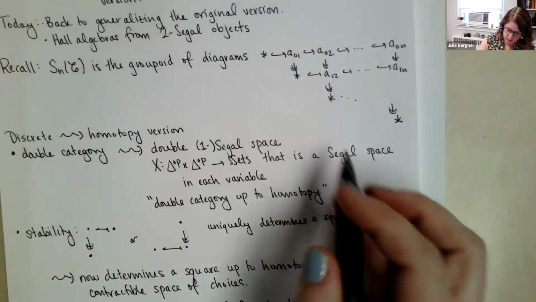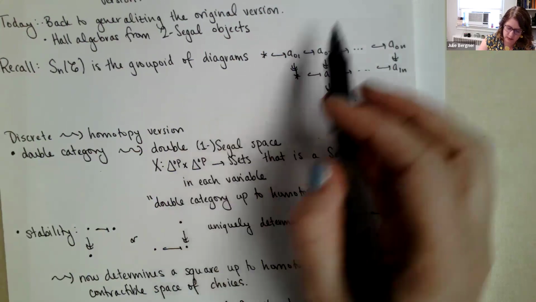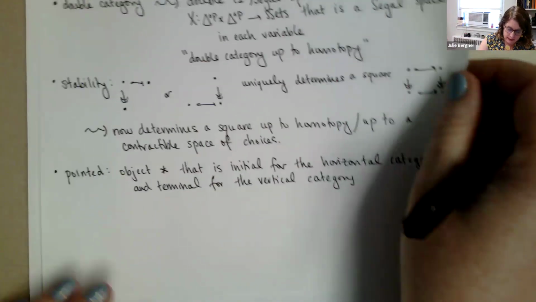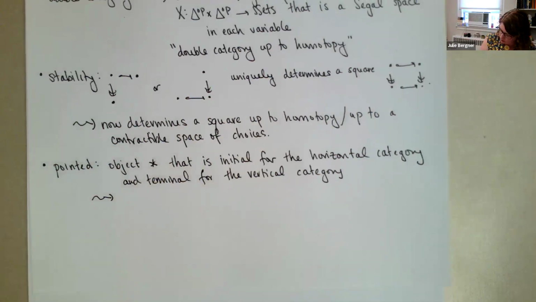So again, that's just because we always had the star, it's always mapping into things horizontally, and vertically things are mapping to it.